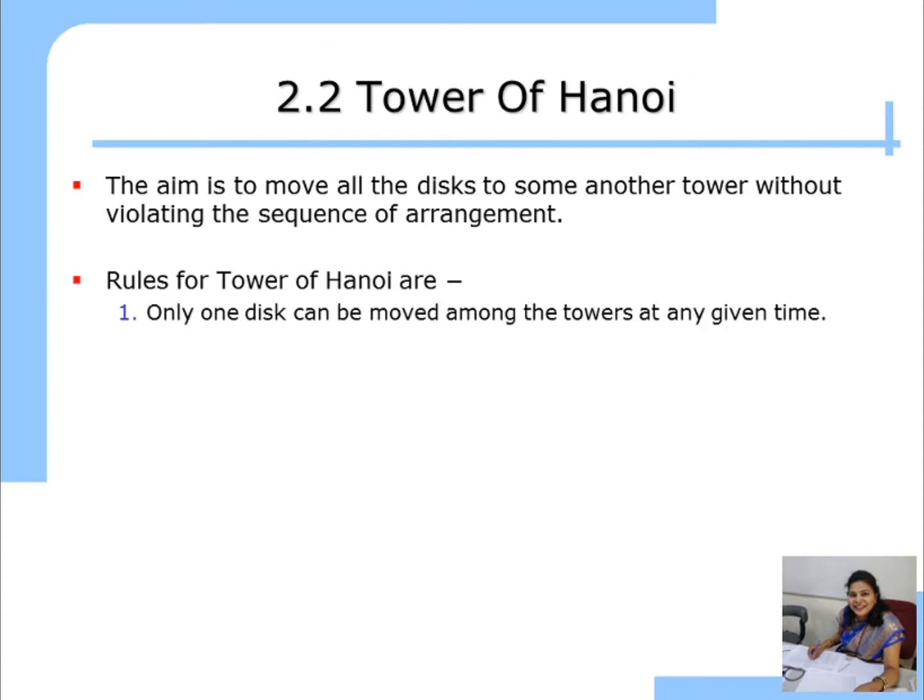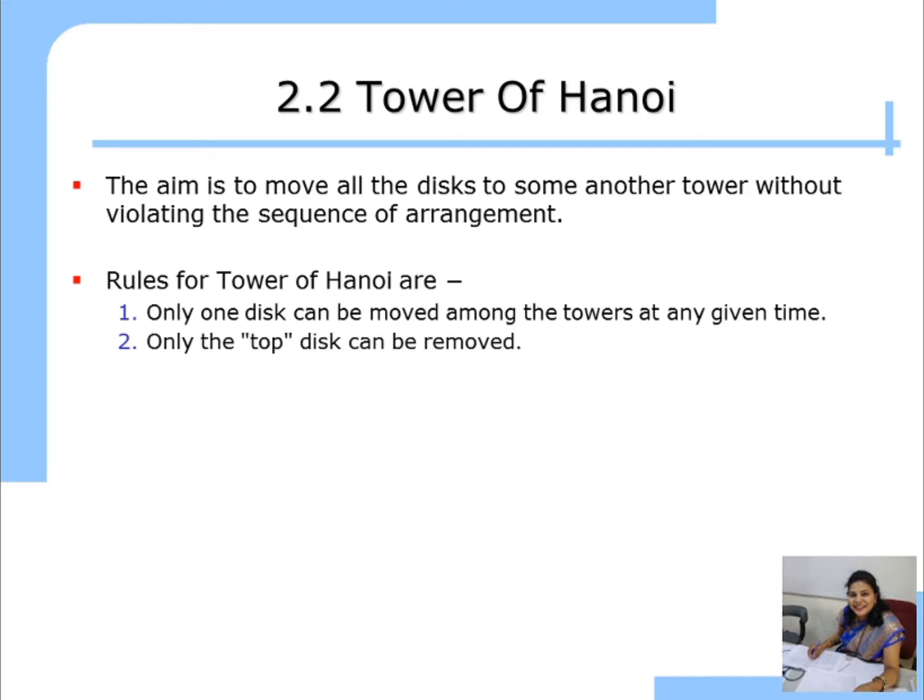There are three rules whenever we are moving disks from one tower to another tower. So the first rule is only one disk can be moved among the towers at any given time. Means at each time you can move only one disk from any tower. The second rule is only the top disk can be removed. You cannot remove the disk which is below the top disk. You have to remove the top disk first.